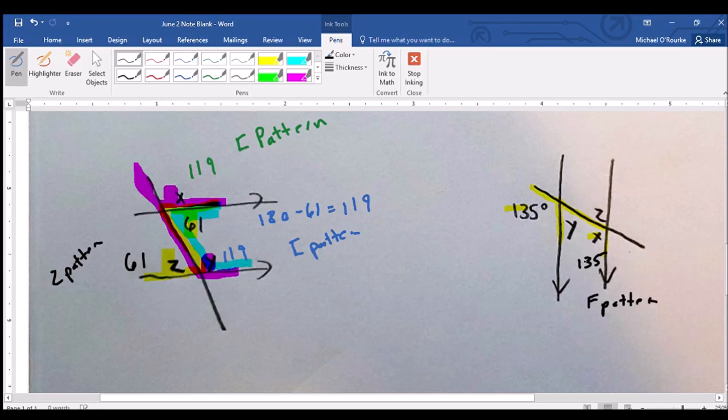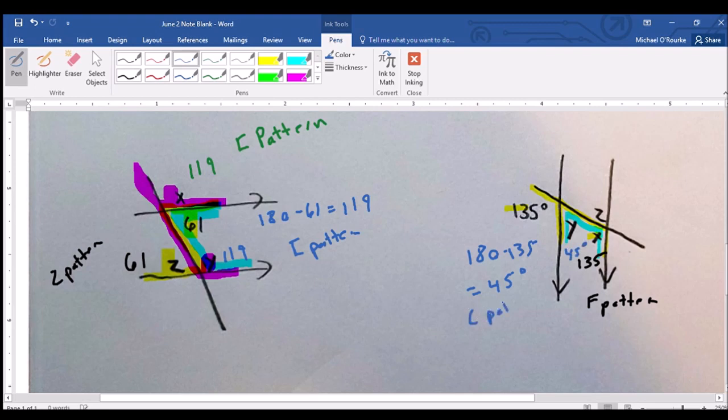Now I have an inside value, but I don't have the other inside. So let's make a C here. And a C is 180 degrees. So I'm going to go 180 minus 135, which equals 45 degrees. 45 degrees, right there.